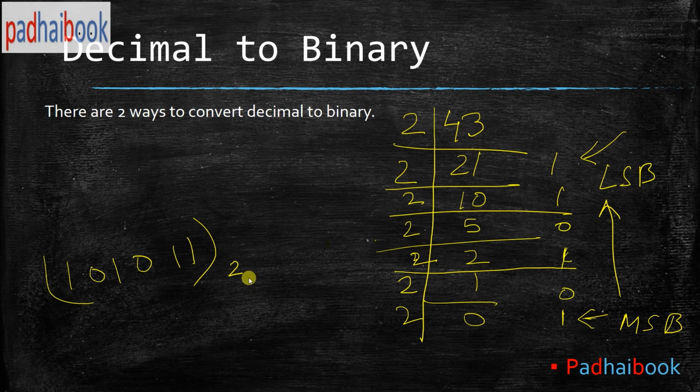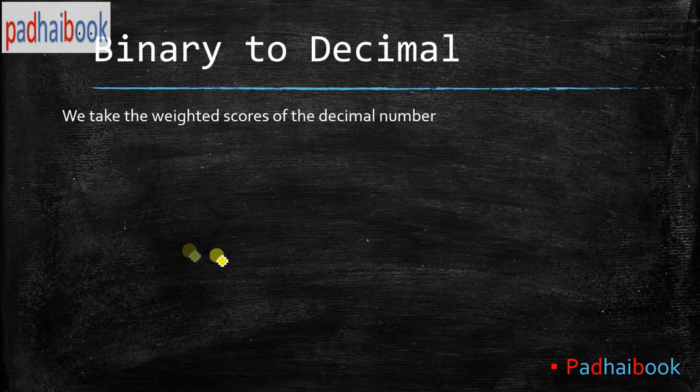Binary to decimal number conversion is comparatively much easier. You just have to see the weighted score. For example, we are given a binary number 11011. I'll write this like this. This is the 0th power, this is first, second, third and fourth.